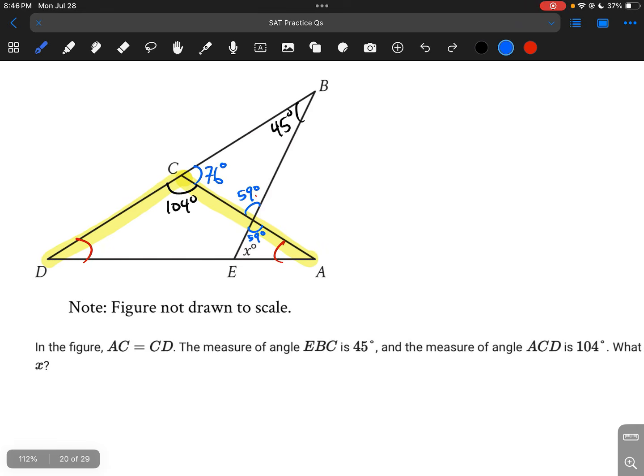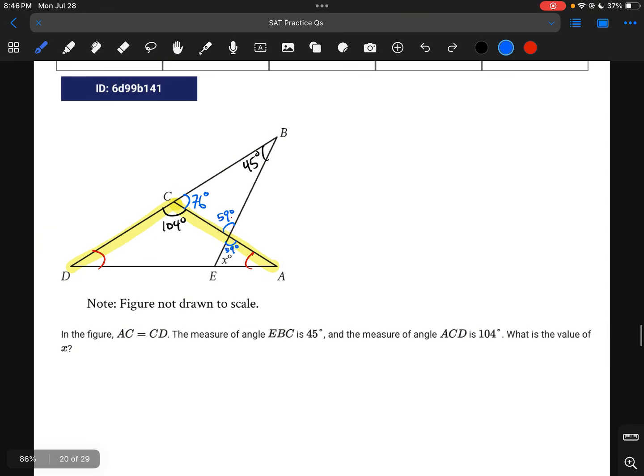We can get that because we were given the information that DC and CA are the same.